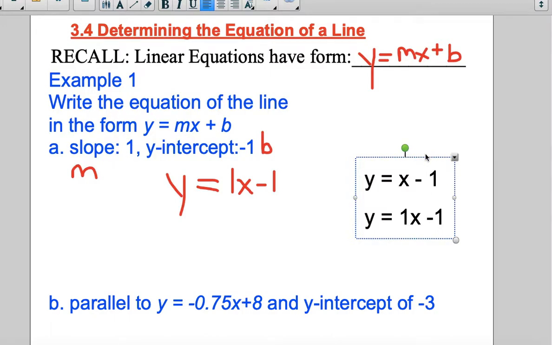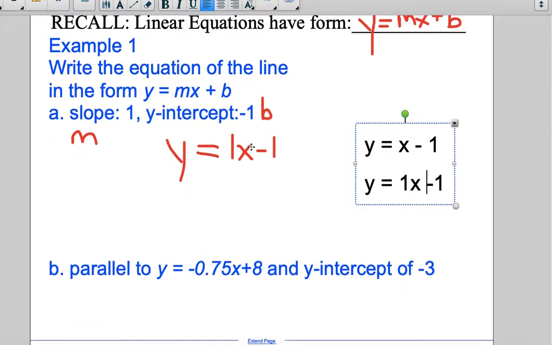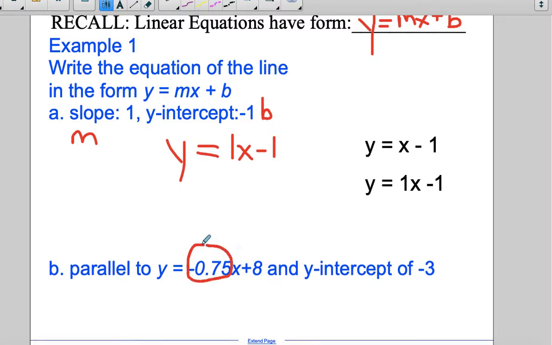So when you're working with your equations of lines, what's most important is making sure that your slope value is correct and your b value is correct with the integer. So for this question, it says you're going to write an equation of a line that's parallel to this line with a y-intercept of -3. So if you remember that this is the slope value, parallel lines have the same slope value, and this y-intercept is our b value.